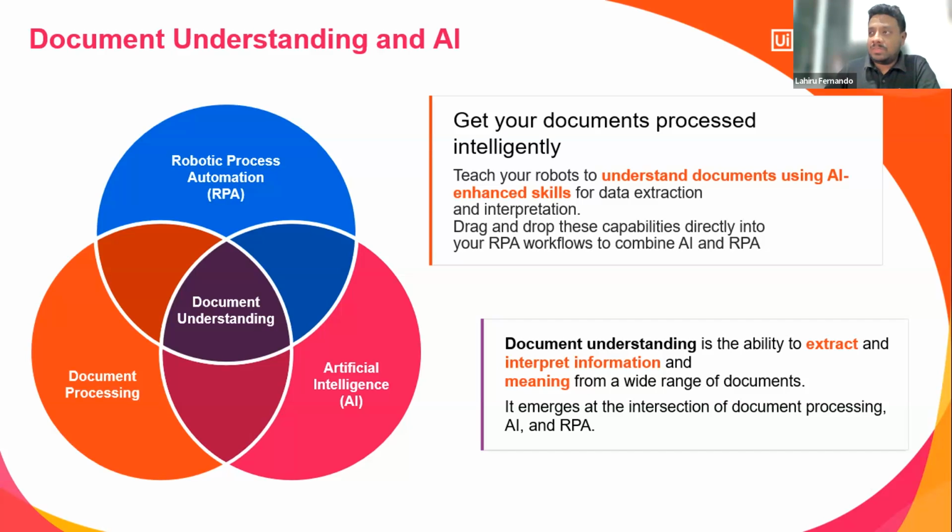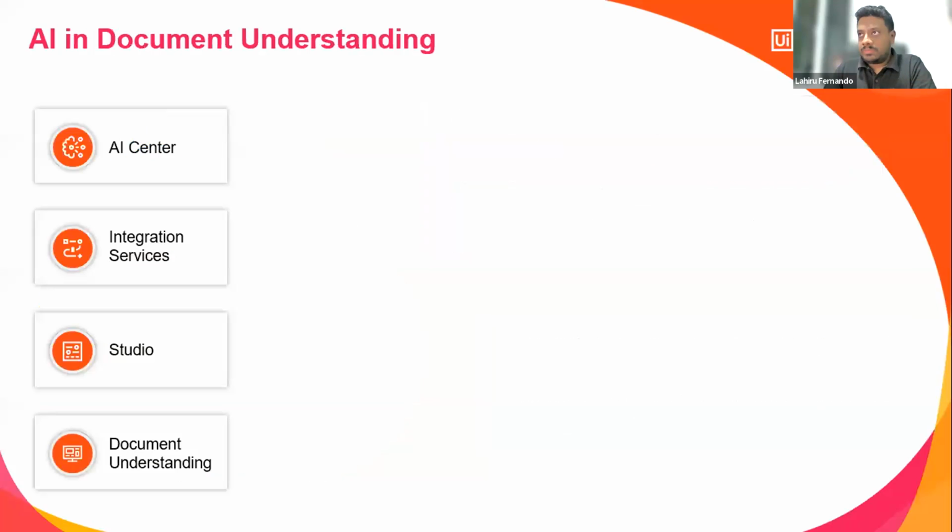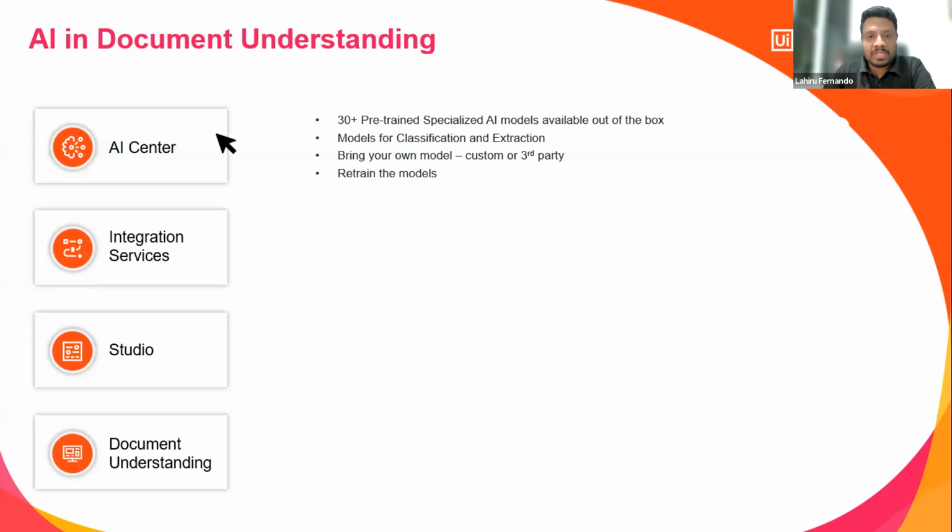So let's go into detail as we go around this. So this is where AI comes in to document processing. And in UiPath, we have these four areas when it comes to document processing where we can use AI. One is the AI Center.